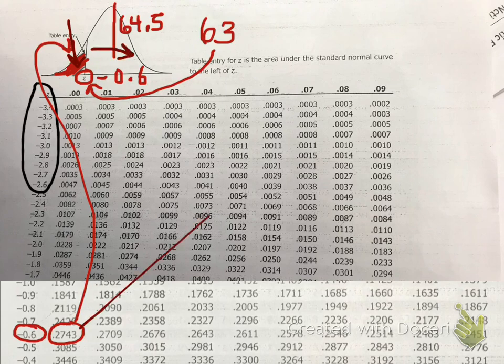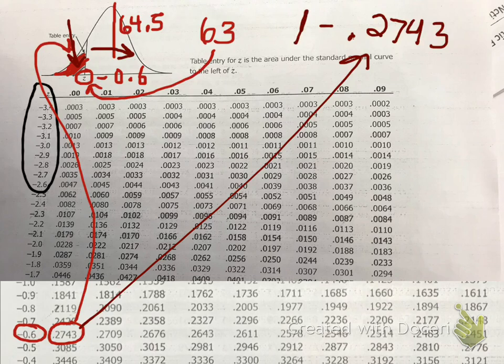So if the probability that someone is less than 63 is 27.43, the probability that someone is taller than that, we're just going to subtract that from 100%. So we're just going to subtract that from 1 because remember the area under the curve is 100%. To the left of the Z-score and to the right of the Z-score have to add up to 100.